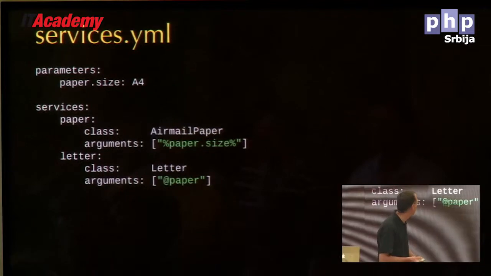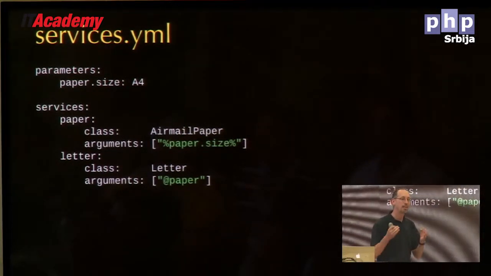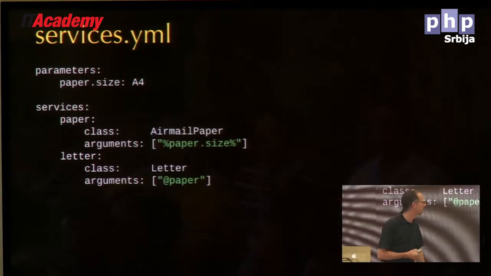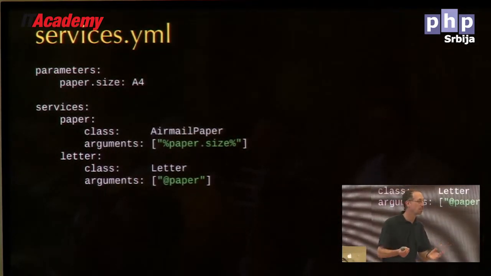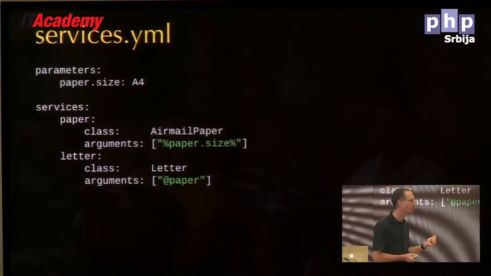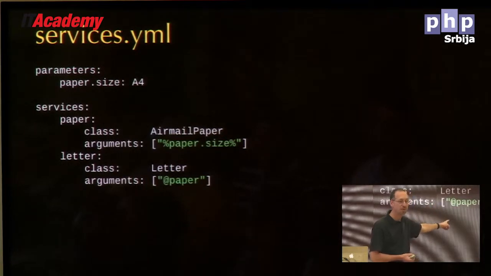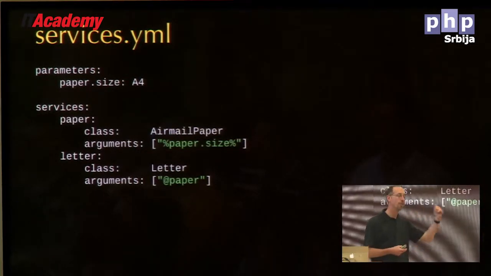And of course, not only can I just assign parameters, I can assign other dependencies. So when I instantiate my letter, I say my class is of class letter, and I say the argument to that constructor is a piece of paper. And because it starts with an @ symbol, Symfony's container knows I need to retrieve one of those.